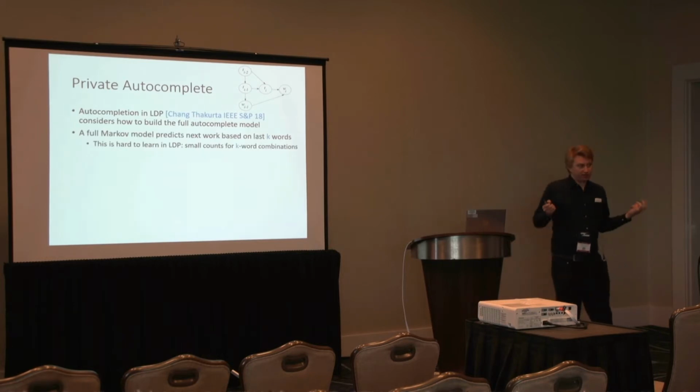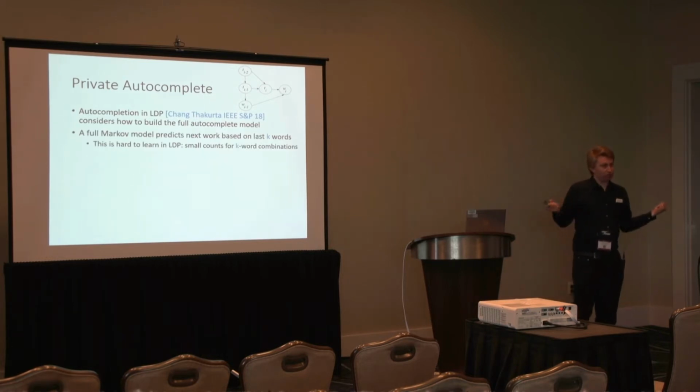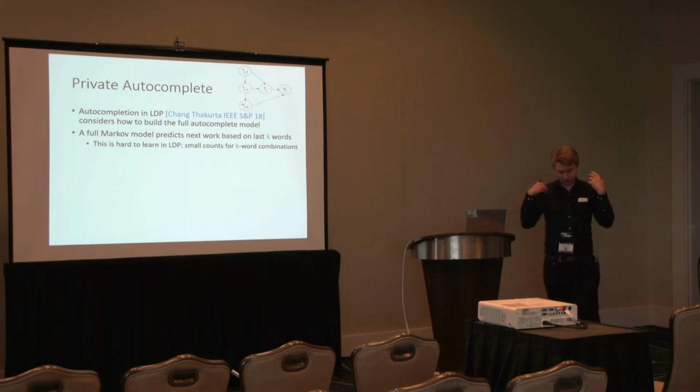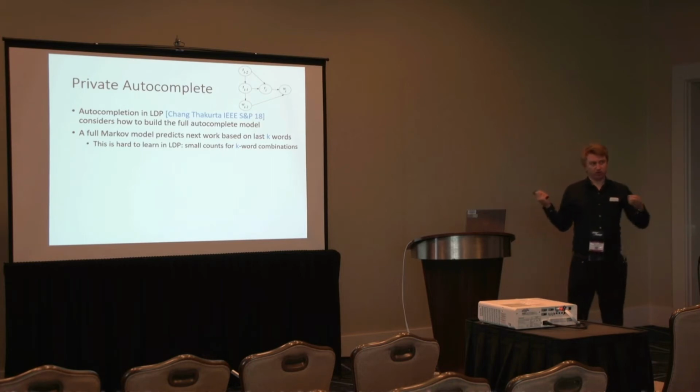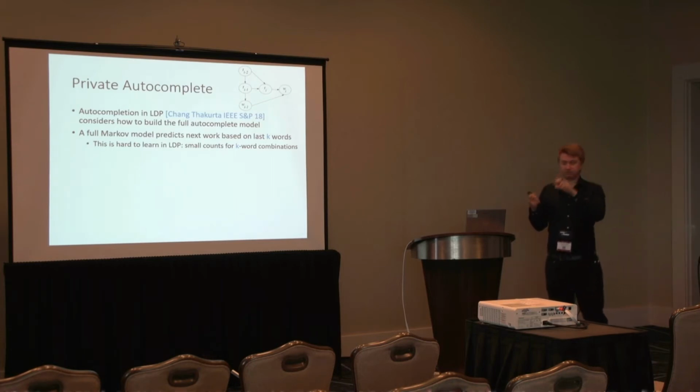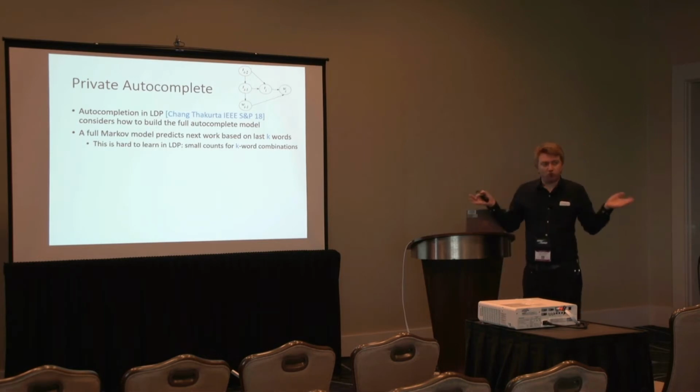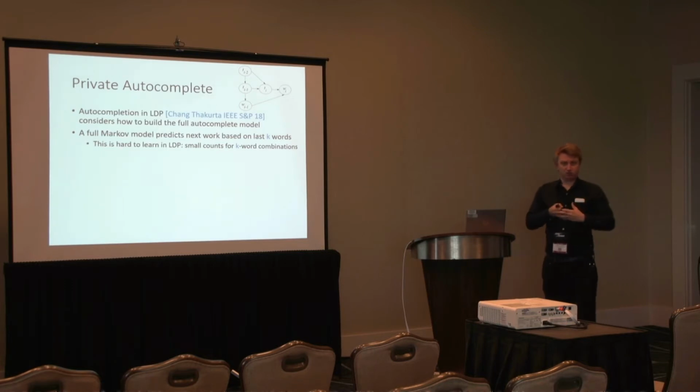So if you're going to do that offline without privacy, you would get into the world of natural language processing and statistical modeling. You'd try and think, what's the best statistical model that looks at what someone's typed recently and makes a prediction? You'd come up with some kind of Markov model that says, look at the last 4 or 5 words, and then based on some very large corpus, make that prediction.